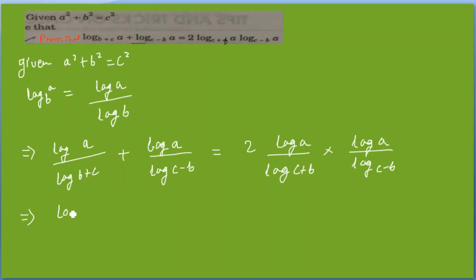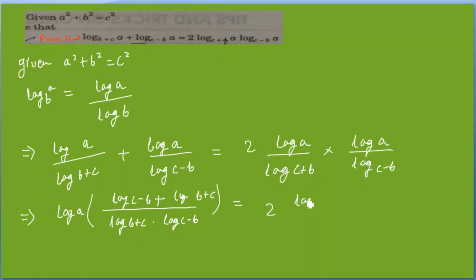taking the denominator, we can write log b plus c, here it is log c minus b, plus log c plus b. Of this one, now it is log a plus b.